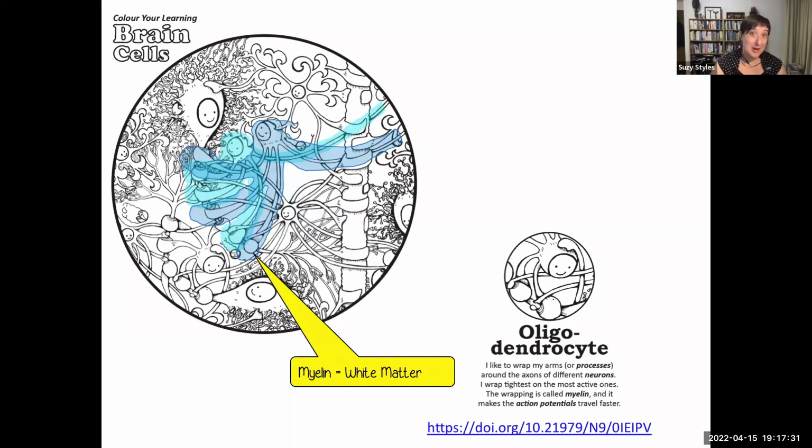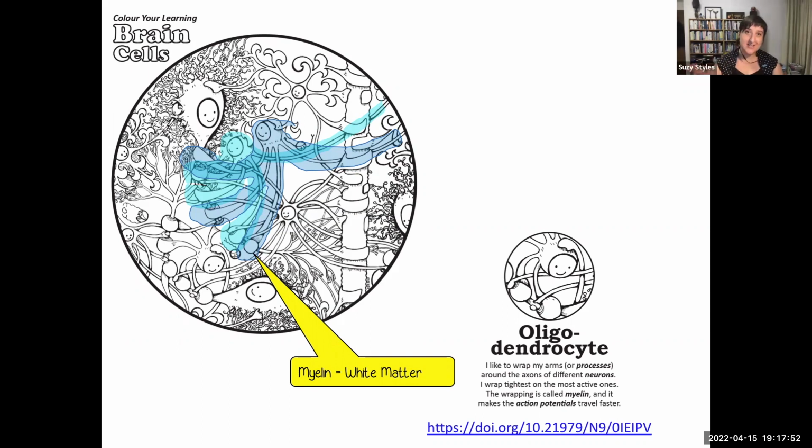We've talked a little bit about myelin already, and one of the things I think it's helpful to understand is that the myelin itself is actually a different kind of cell. So these are the oligodendrocytes, and the oligodendrocytes are very attracted to axons that are firing often.